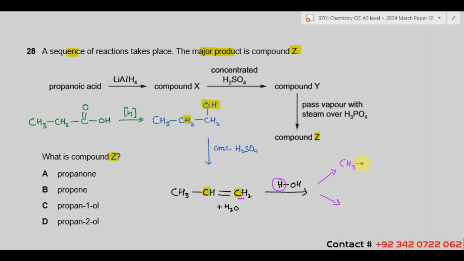So we have CH3, CH, OH attached to the other carbon, CH3 instead of CH2. This is the major product. In the minor product, it is the other way around. Hydrogen goes to the carbon with fewer hydrogens. So CH3, CH2, and this becomes attached to OH.